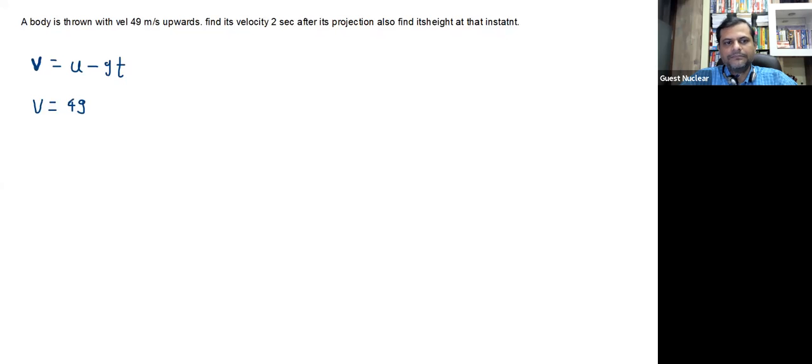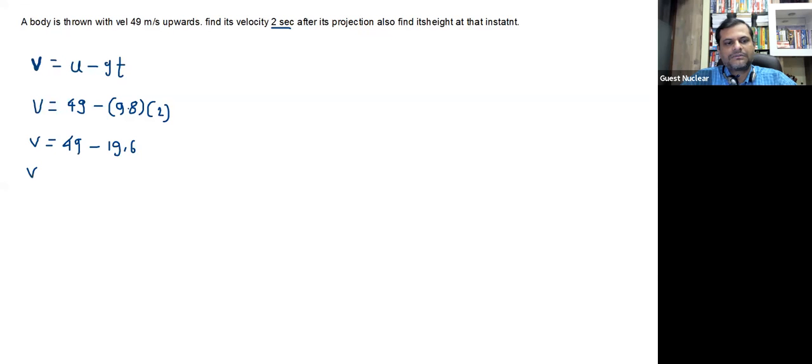Don't forget, so 49 minus g, which we know that it is 9.8 actually, into time t, which is given to be here 2 seconds. So we can just replace it by that. And if we simplify this further, then we can find out the velocity to be 49 minus 9.8 into 2, which is 19.6, right? So here it is 19.6.